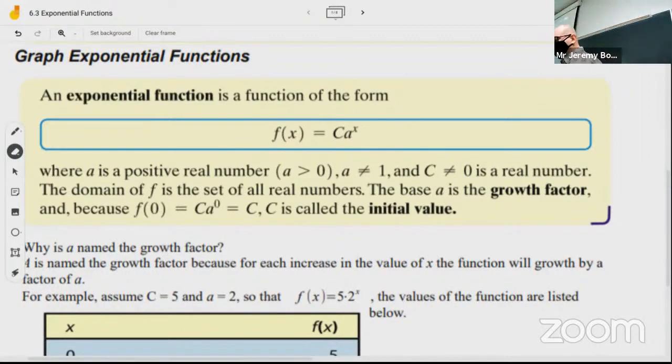Now there are some limitations to this. We want a to be a positive number. So a is not going to be 0, because 0 raised to any power is 0 times 0 times 0, which is just 0. And we also don't want it to be negative. Anybody can think why we don't want it to be negative?